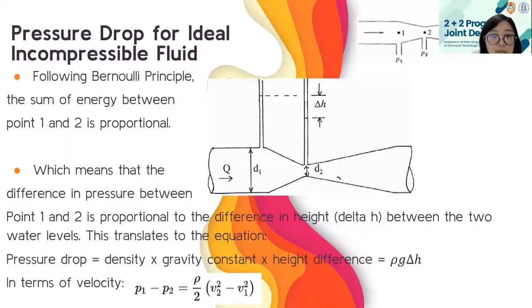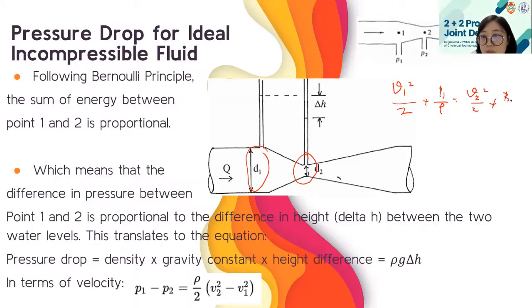So following the Bernoulli principle, the energy at point 1 and the energy at point 2 is actually proportional, because V1 squared over 2 plus P1 over rho equals V2 squared over 2 plus P2 over rho.